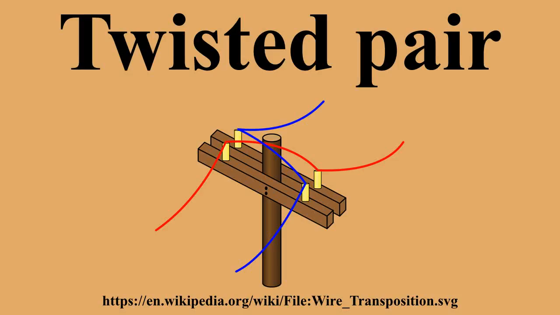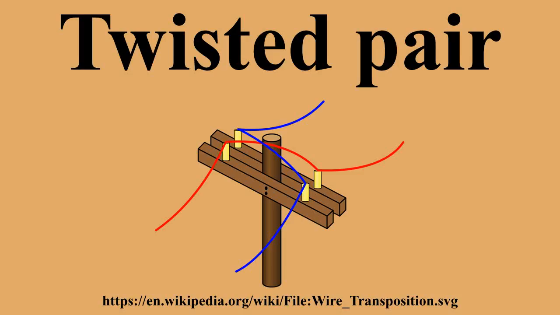Common shield construction types include individual shielding, with aluminum foil for each twisted pair or quad. Common names: pair in metal foil, shielded twisted pair, screen twisted pair. This type of shielding protects the cable from external EMI entering or exiting the cable and also protects neighboring pairs from crosstalk.